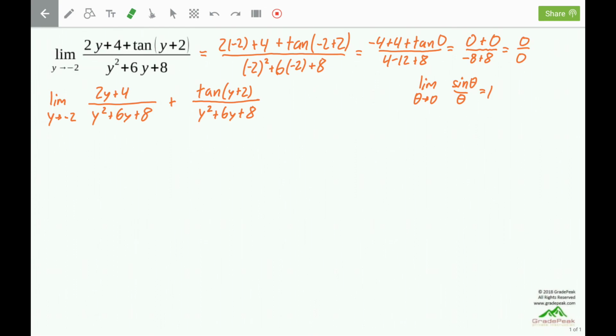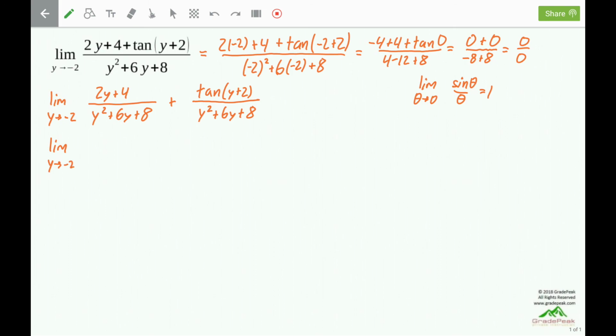Now, since the first fraction is 0 over 0 due to power functions, we're going to be able to do a factor cancel method for that. The second fraction is 0 over 0 due to trig together with power functions, so we're going to make use of the identity. But to make use of the identity, we have to turn all non-sine cosine functions into sines and cosines. So we can work with each of these.